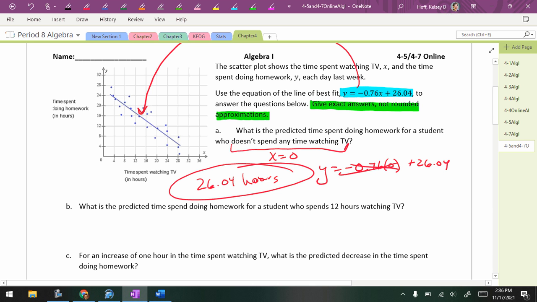Okay, but remember, this is the line of best fit. Is it going to be perfect? No, it's a prediction. So it's not going to be perfect. What is the predicted time spent doing homework for a student who spends 12 hours watching TV? What do I do here? Plug in X is 12.